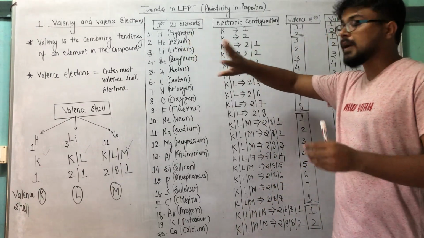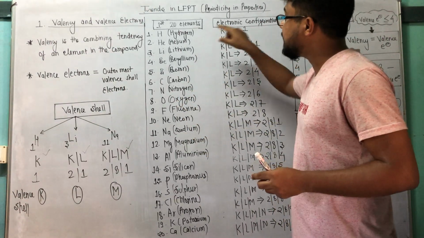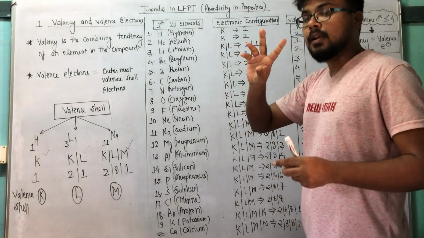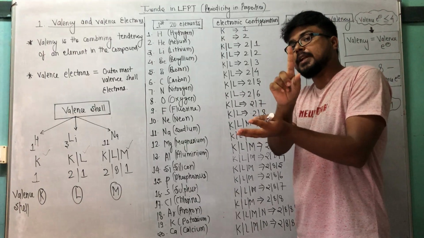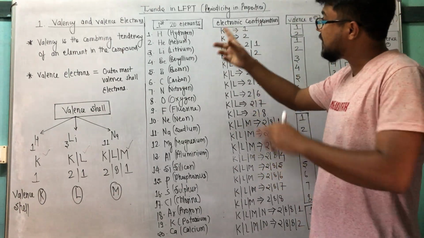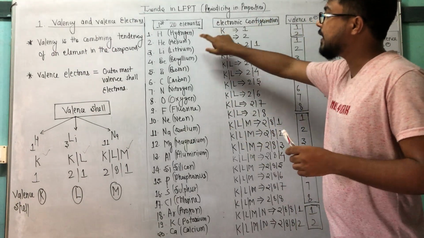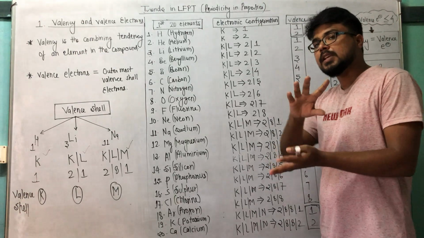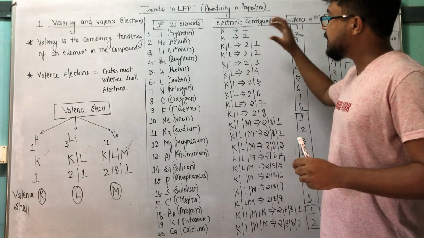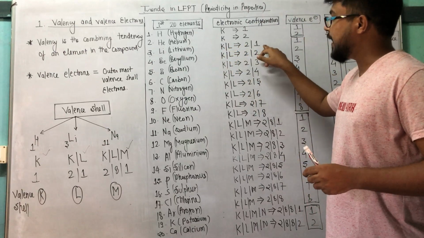So as per the accommodation tendency, hydrogen has a maximum of how many electrons? It is 1 electron, and it has the K shell only. The K shell can occupy a maximum of 2 electrons. That's why for hydrogen it is 1, and for helium it is 2. Suppose there are more than 2 electrons, then I will use the KL shells. Lithium is K2 L1.